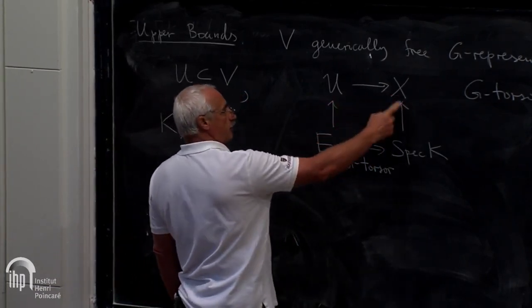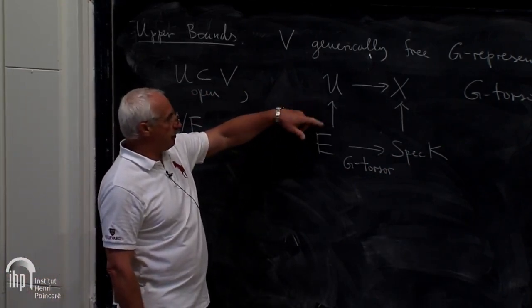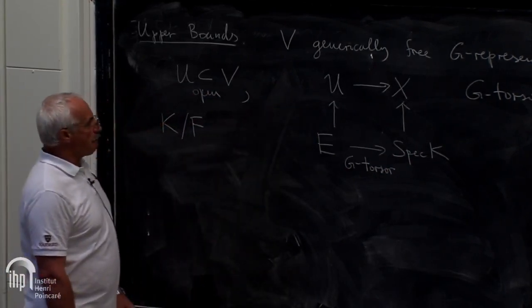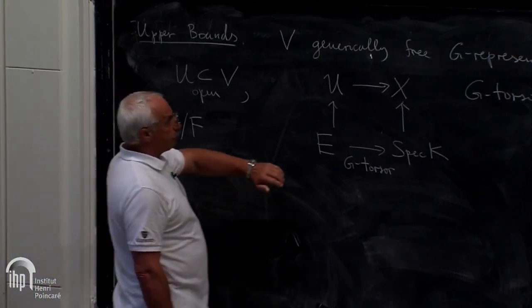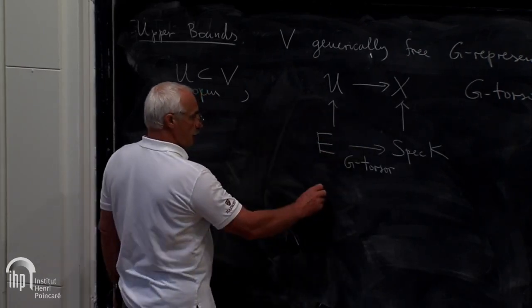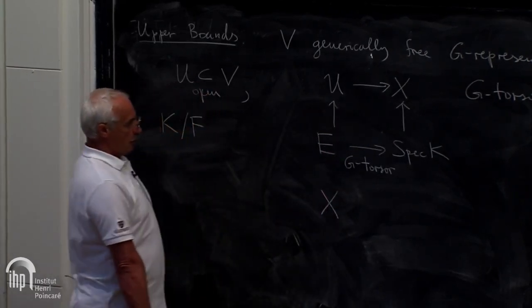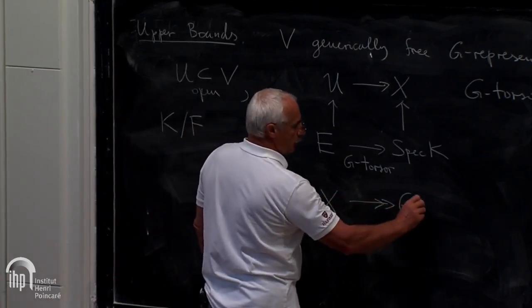So there is a point of X, which can be completed to a diagram like that, which means simply that the functor from the points of X maps surjectively to the functor of G torsors.